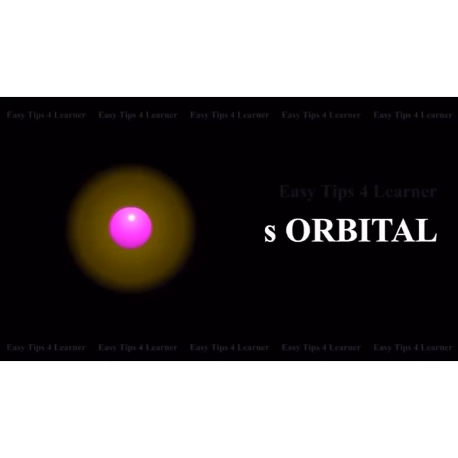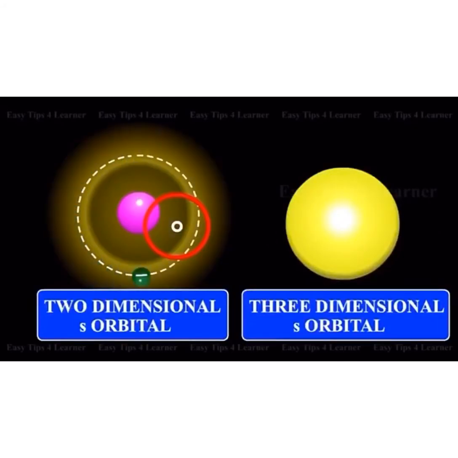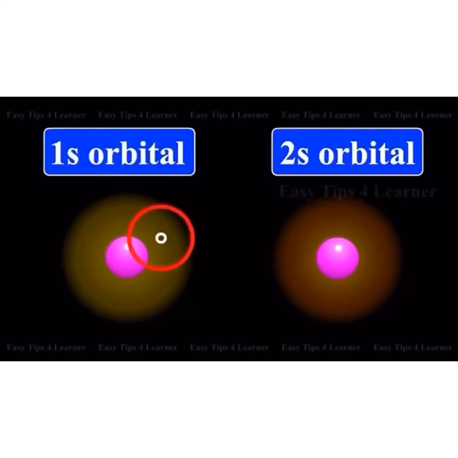The boundary surface diagram for an s orbital is actually a sphere centered on the nucleus. In two dimensions, this sphere looks like a circle. It encloses a region in which the probability of finding the electron is about 90%.